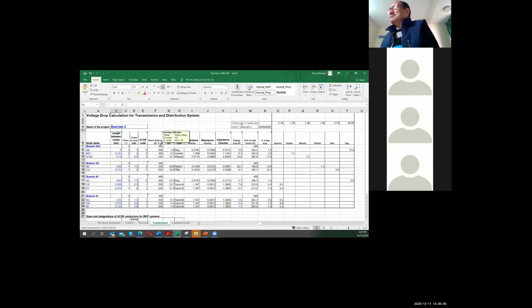So you have to have step down transformers, and these are the branches. You give the lengths of the transmission line, distribution line, the phases and other things. Then these parameters are already calculated.